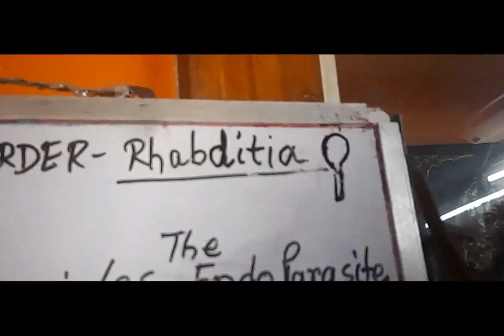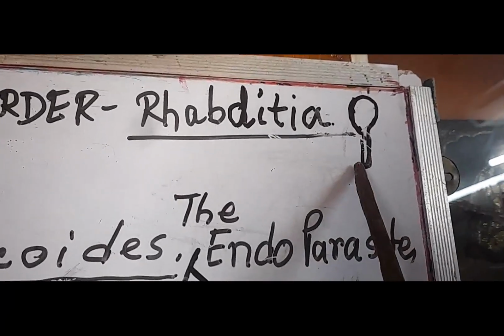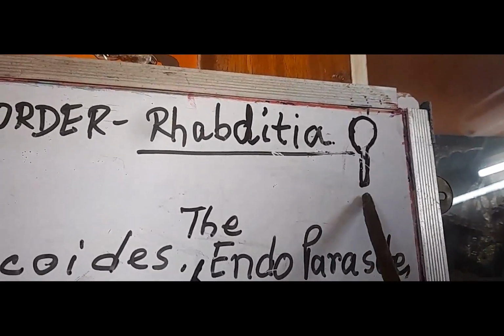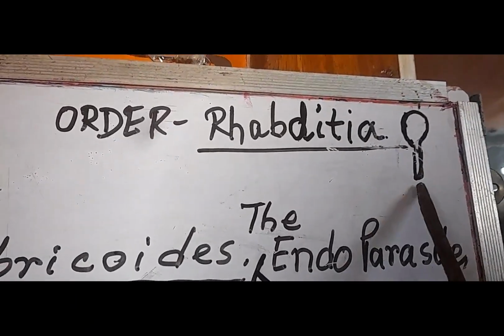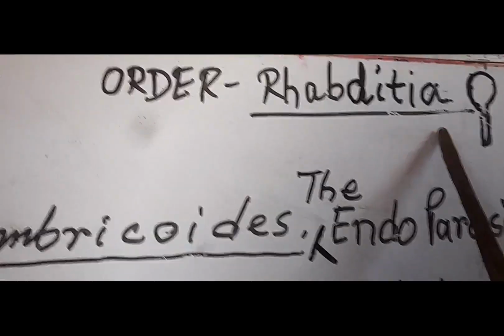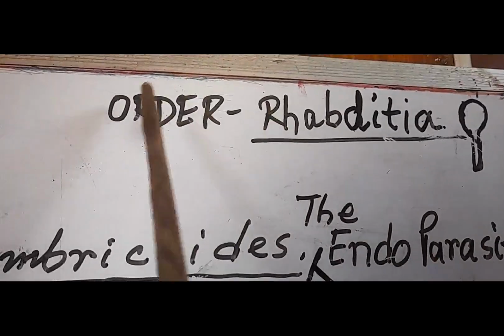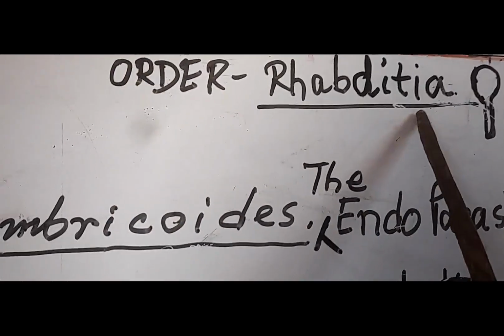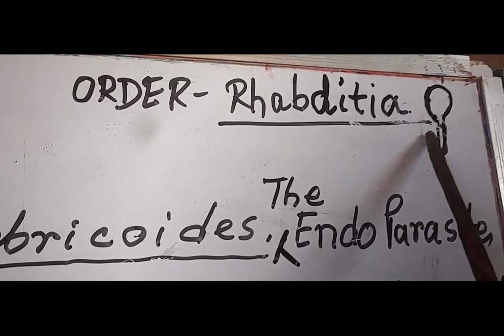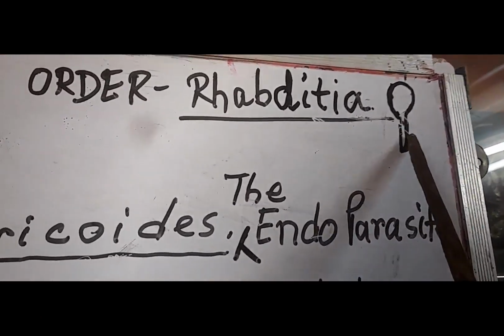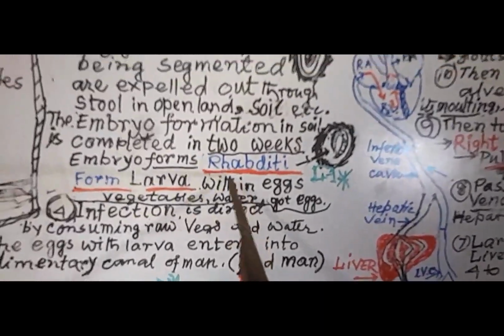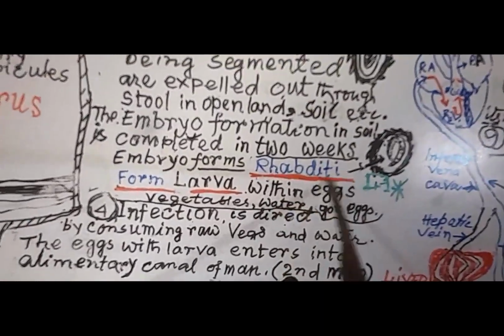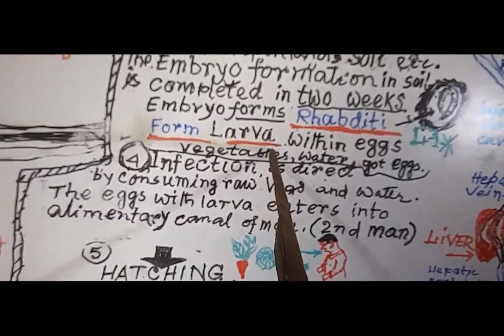It is the rhabditiform structure, that is, the badminton racket-like structure. And as this structure is original in the order Rhabditida, this type of embryo, as is present here in case of Ascaris lumbricoides, is known as the rhabditiform larva. It is an important question.